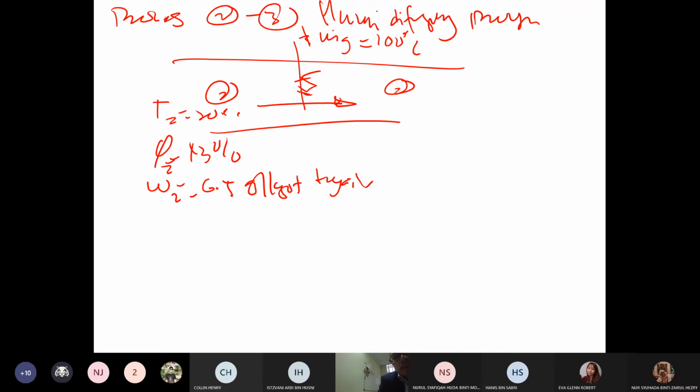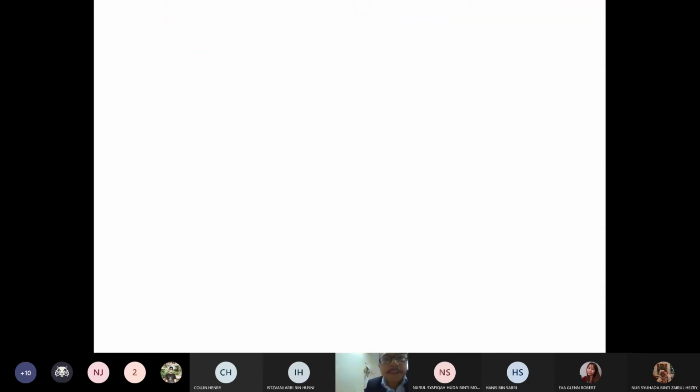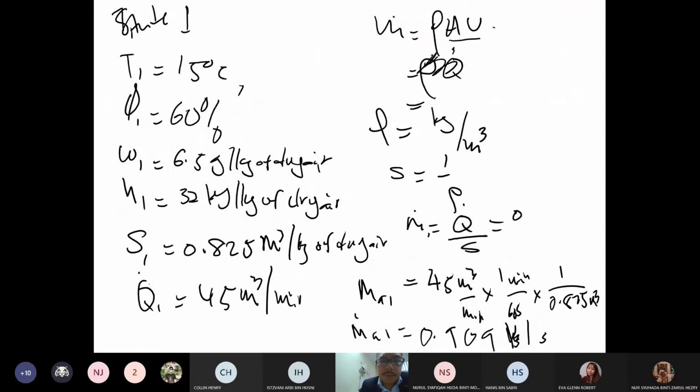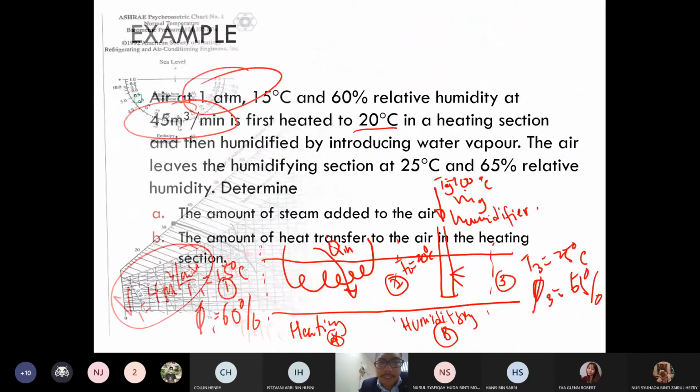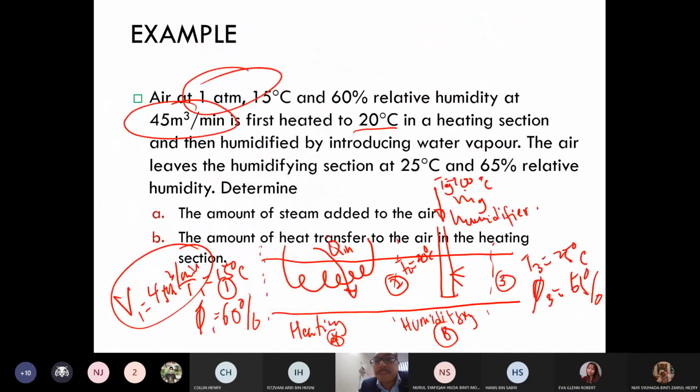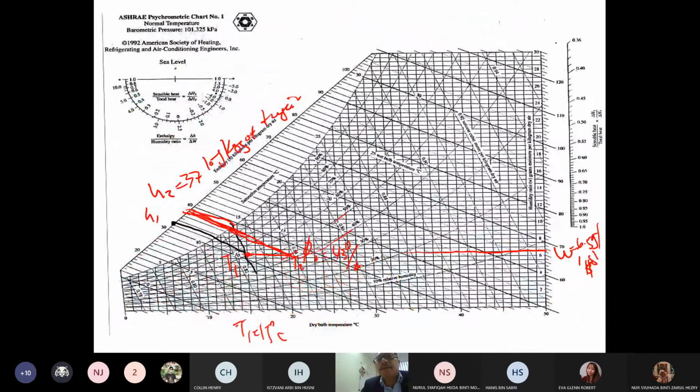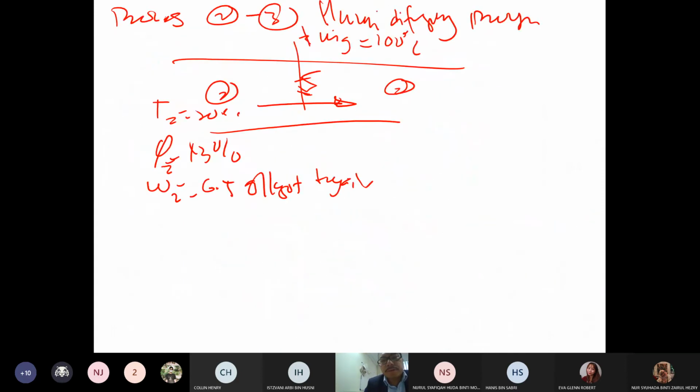To go to what value? To increase to what was it? 25 and 65% of the relative humidity. Okay. So T3 equal to 25 degrees Celsius, V3 equal to 65%.